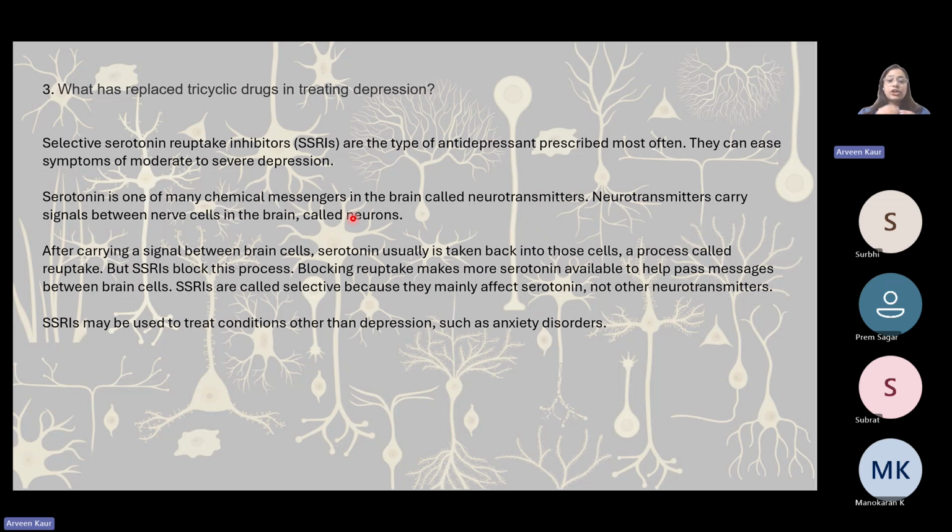But now, not 100% of whatever neurotransmitter was there in the synaptic cleft would be taken up by the postsynaptic neuron, right? So what happens? Whatever amount is left needs to be removed from there, or it needs to be destroyed, or it needs to be recycled.